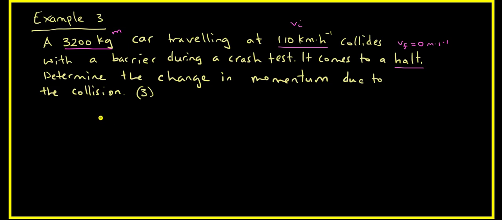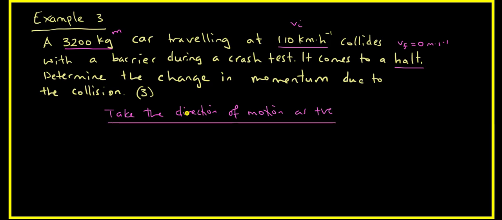Alright, so now we're not told whether it's going to the left or the right, so we can simply say direction of motion. We're just taking the direction of motion as positive. I can say take the original direction as positive. Fine. So delta P is equal to m times v final minus v initial.